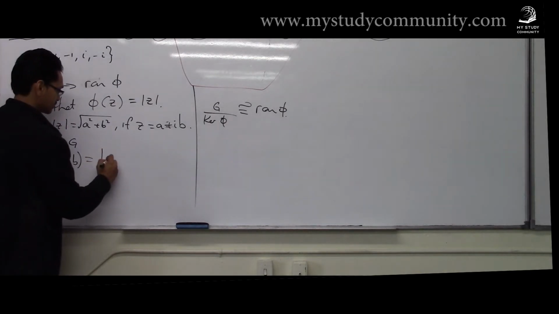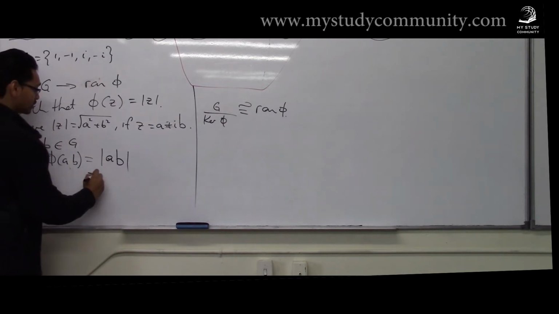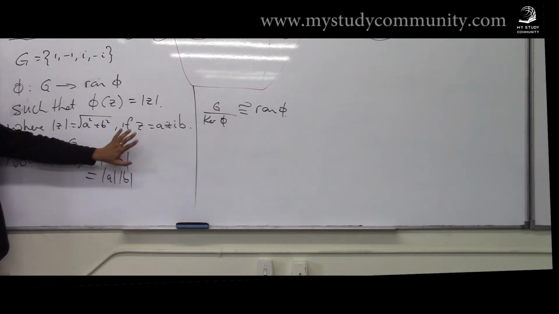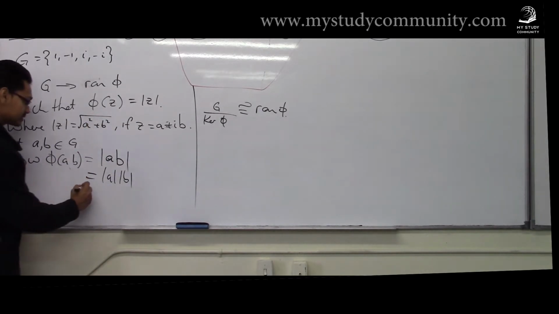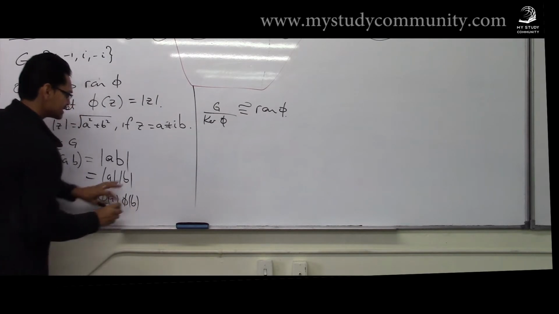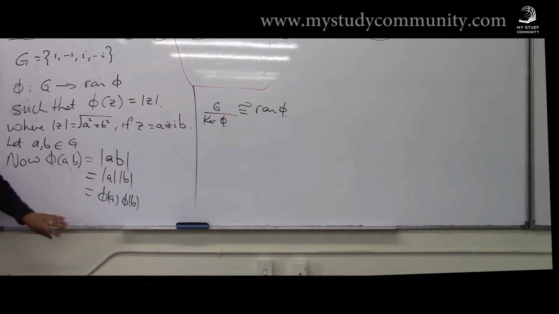This is the length of AB, yes? Which is the length of A times the norm of B. Just take that straight from complex numbers, right? Which is phi of A times phi of B, right? This is an exercise in calculus. That's not my concern here, right? You follow? Hence homomorphism.